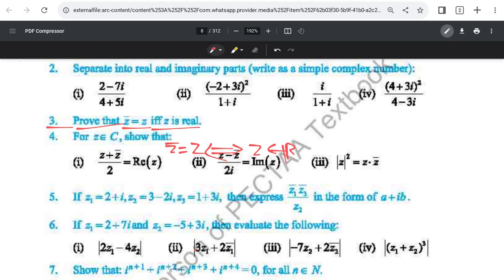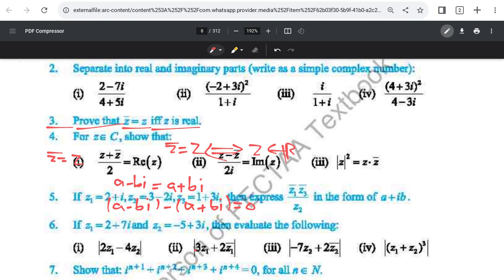First we assume z bar is equal to z. So if z bar is equal to z, then a minus bi is equal to a plus bi. Then a minus bi minus (a plus bi) is equal to 0.